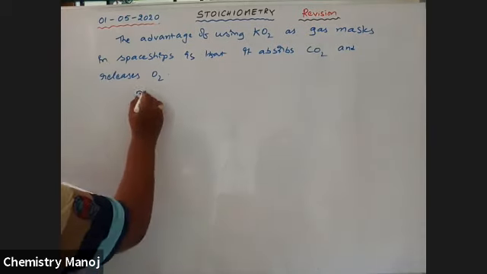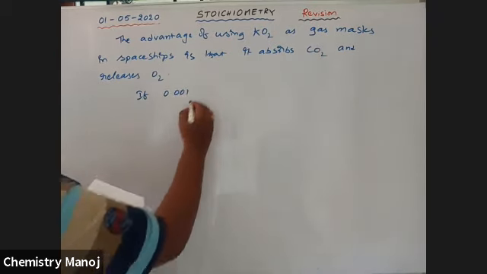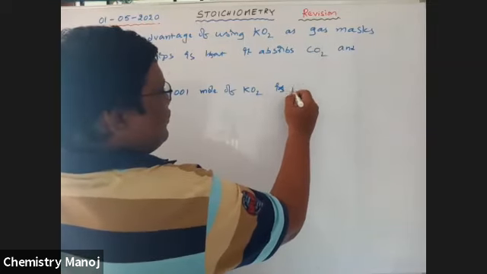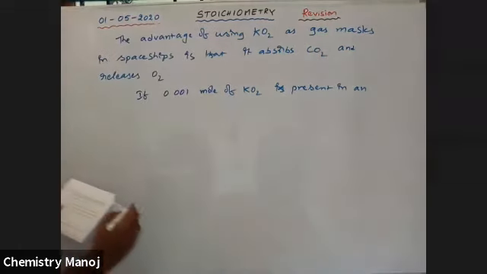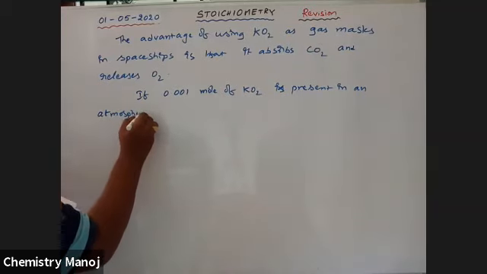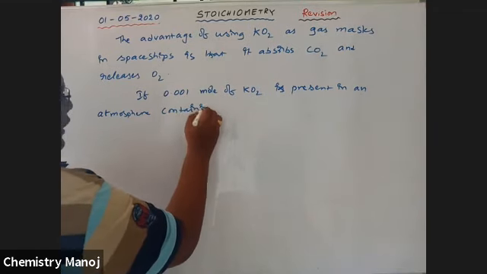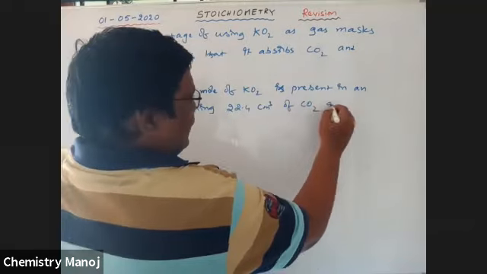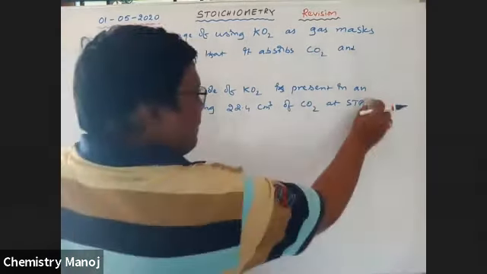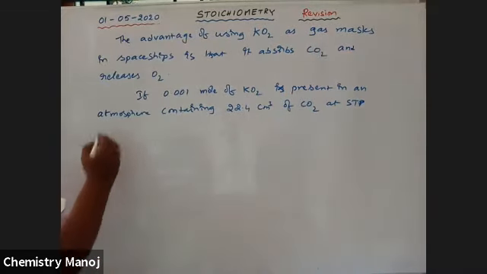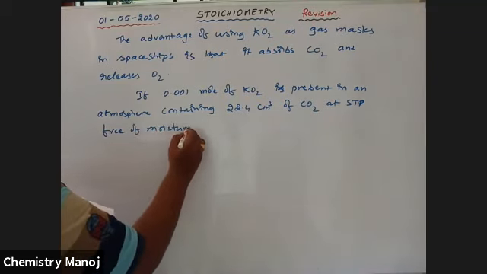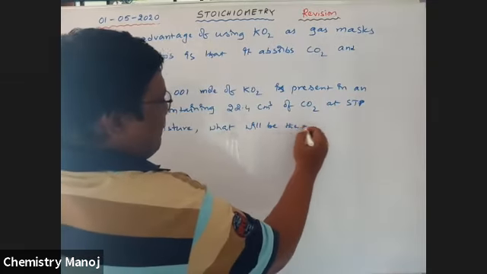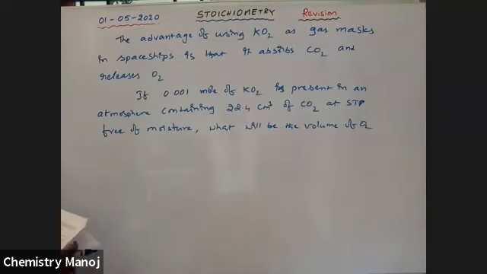Now the question is, if 0.001 mole of KO2 is present in an atmosphere containing 22.4 centimeter cube of CO2 at STP, free of moisture, what will be the volume of O2 released at STP?